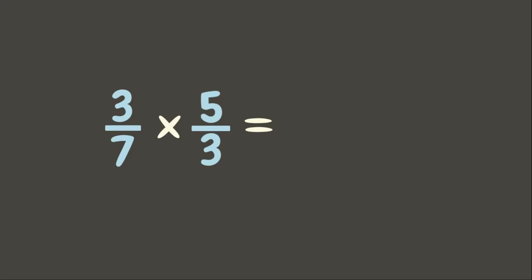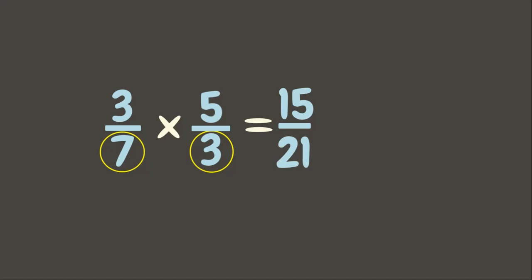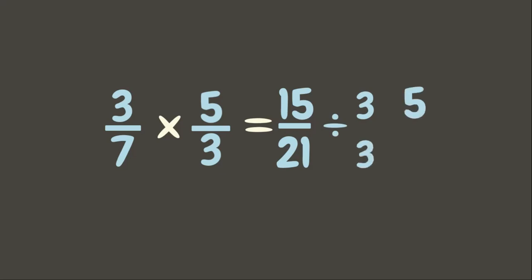Now let us multiply the numerators and denominators. 3 times 5 is 15. 7 times 3 is 21. Is this our final answer? No, not yet. We can divide 15 and 21 by their greatest common factor, which is 3. 15 divided by 3 is 5. 21 divided by 3 is 7. Now this is our final answer.